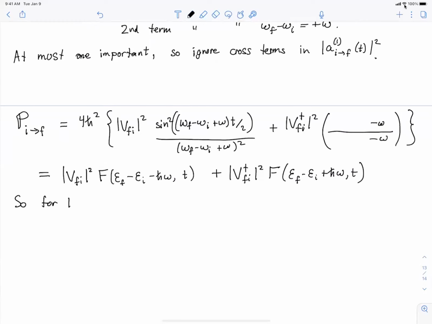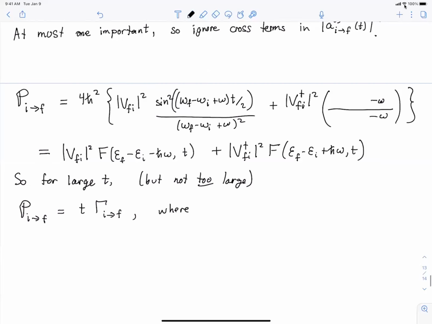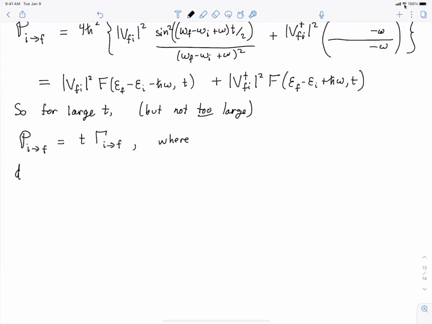So for large T, but not too large, because you don't want the probability to be larger than 1, we're going to get a probability which is again a rate times time, just exactly the same way we did it before, where the differential contribution to the rate is 2 pi over h bar, our density of states, our differential in the energy.